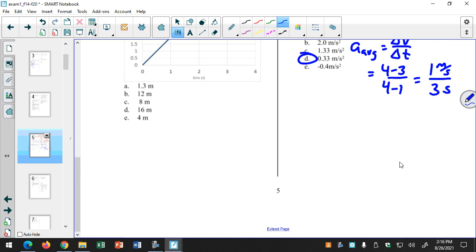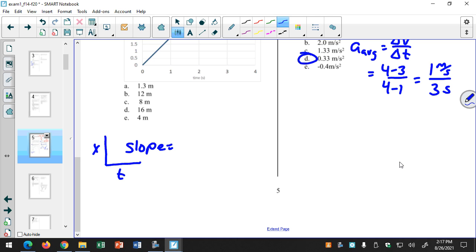Let me summarize our graphs first. So x versus t, if I have position versus time, the slope is equal to what? If I have a position versus time, the slope, which is rise over run, which would be delta x over delta t, the slope represents what?